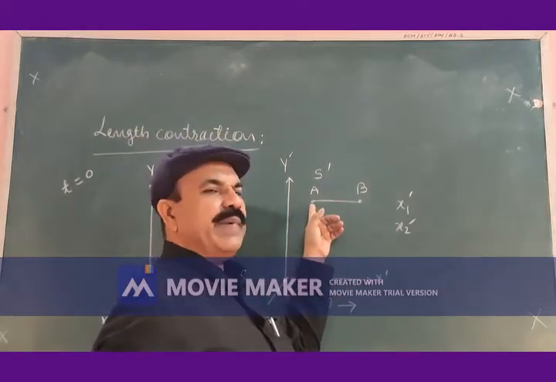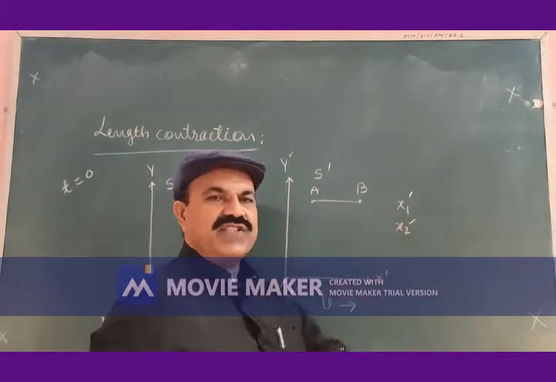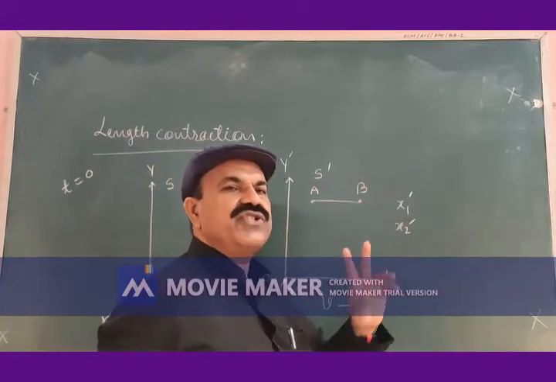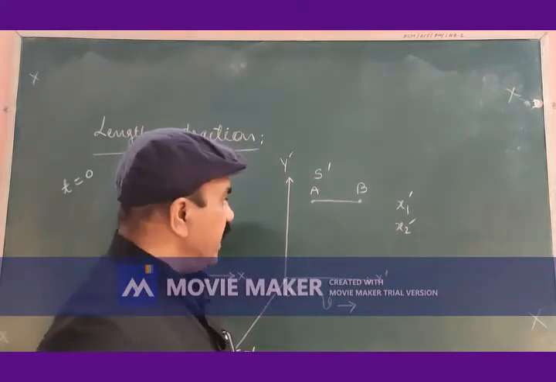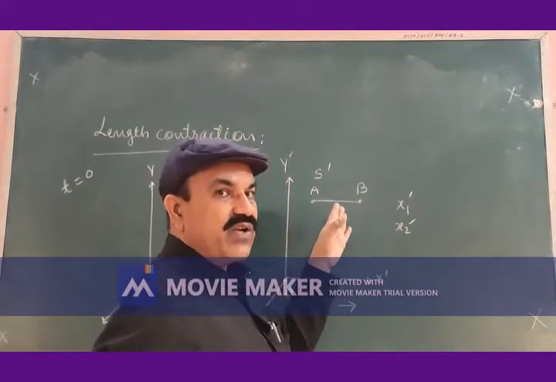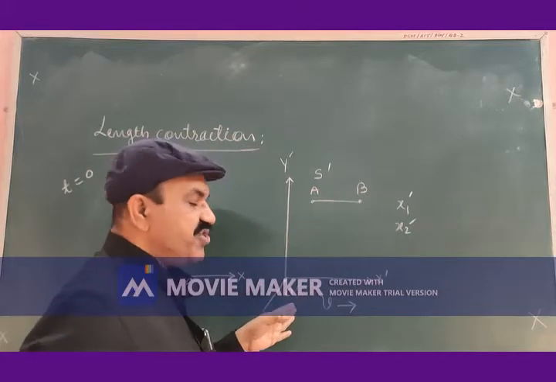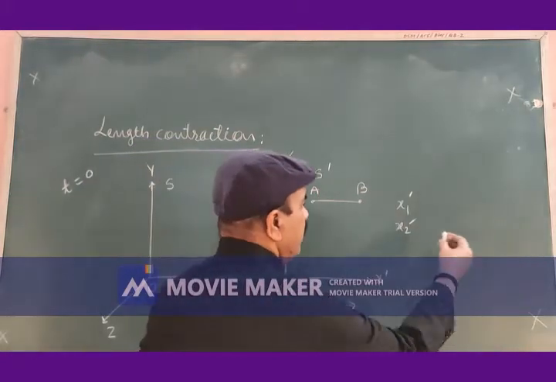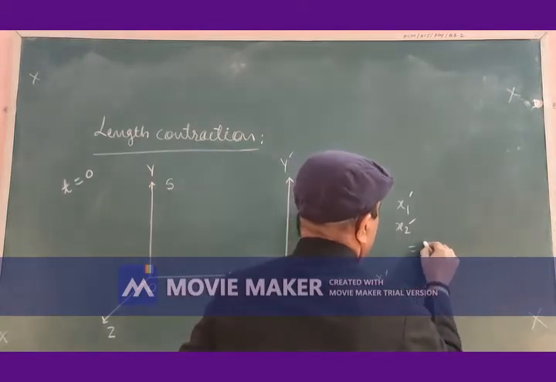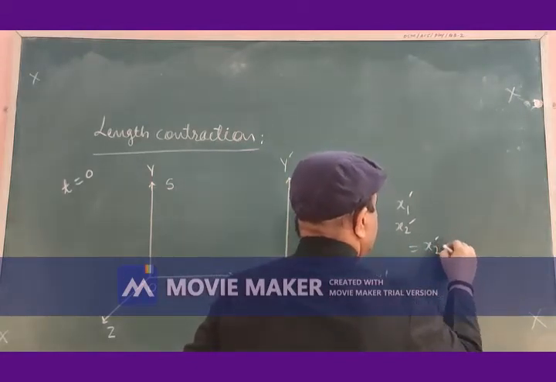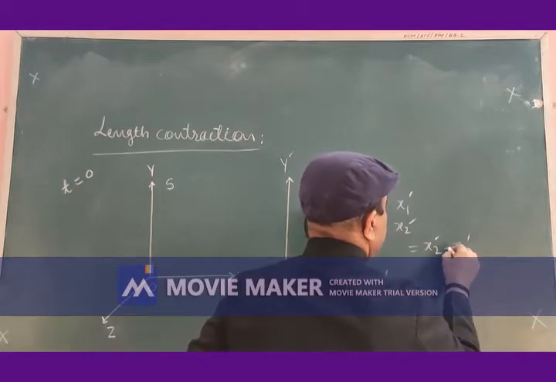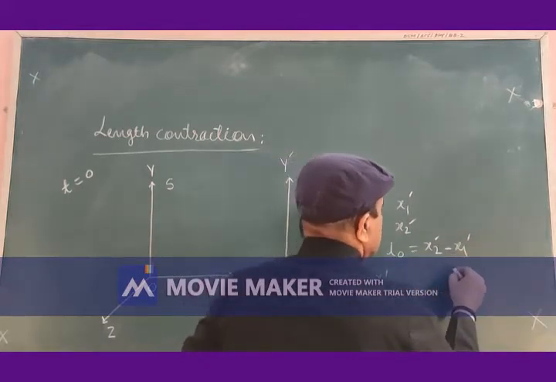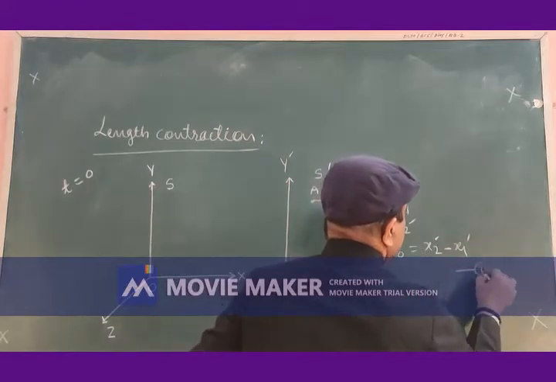The x coordinate of end A is x1 prime, the x coordinate of end B is x2 prime, and therefore the length of the rod AB as measured by the observer O prime will be equal to x2 prime minus x1 prime, and let this be L0, equation number 1.